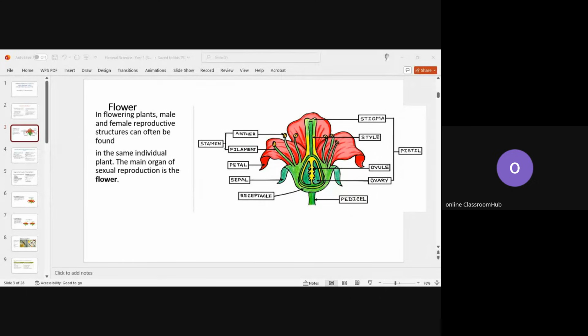Yes, because it was not shown. It's a tube that opens through the stigma into the ovary. It was not indicated here in this flower, but in the question it came. So you have to take note of that. Okay. George, your hand is up.